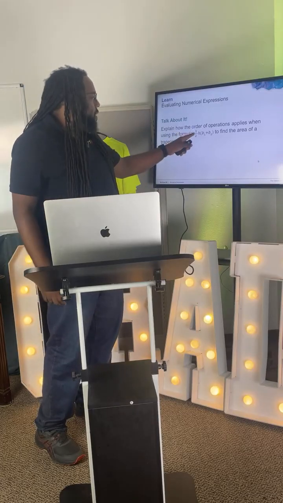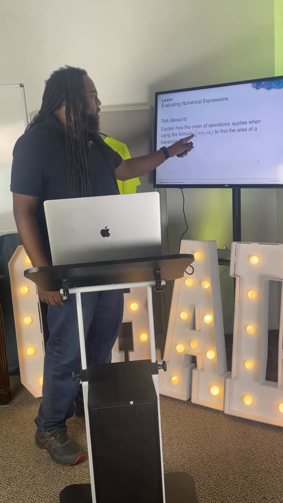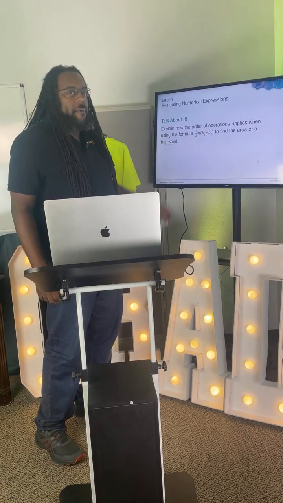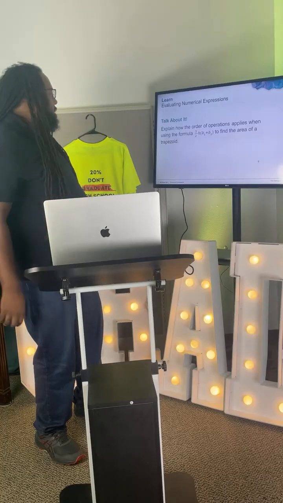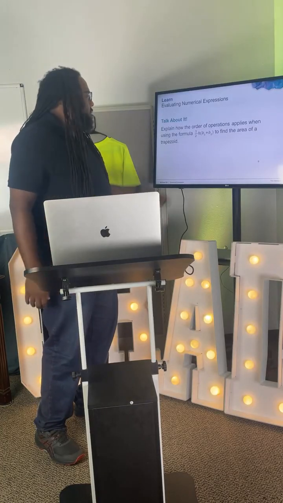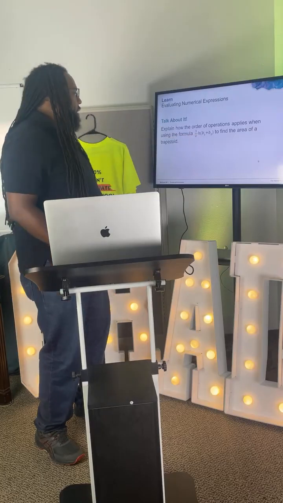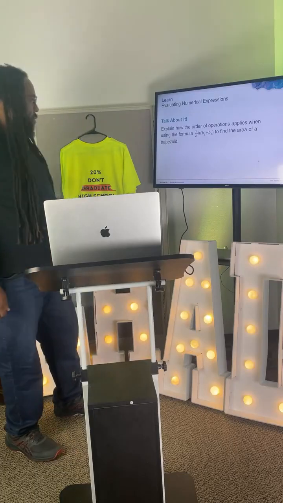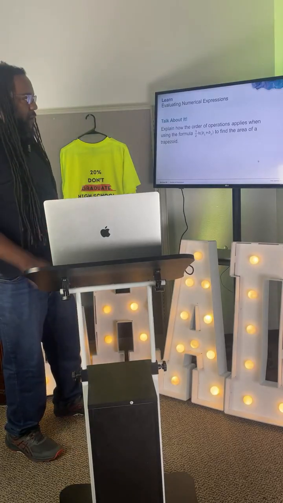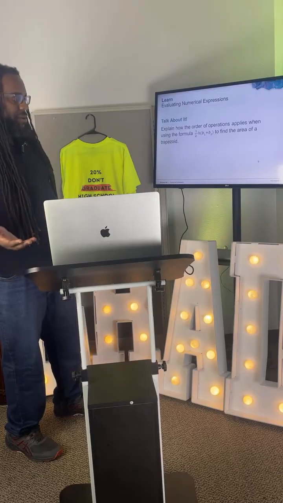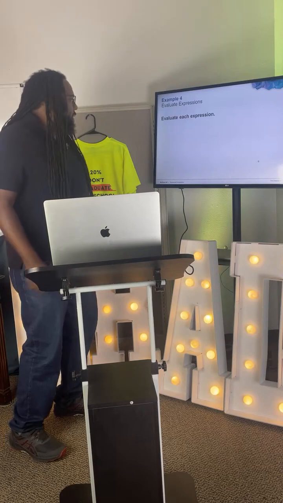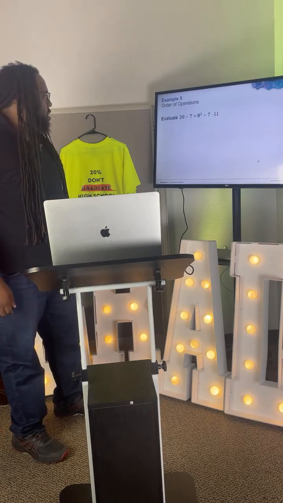So we would have the 1 over 2, and then we would times that by the height, and then we would times it by the combined B, which is the basis of the trapezoid. So after that multiplication is done, we would have the result, the answer from that formula. So no need to go for the addition or subtraction at that point. So we're going to evaluate each of these expressions.